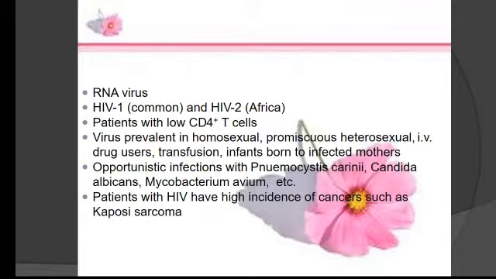Patients with HIV have a high incidence of cancers such as Kaposi sarcoma. So all these are the secondary immunodeficiency diseases. HIV leads to low CD4 T cells, CD4 being the T helper cells.